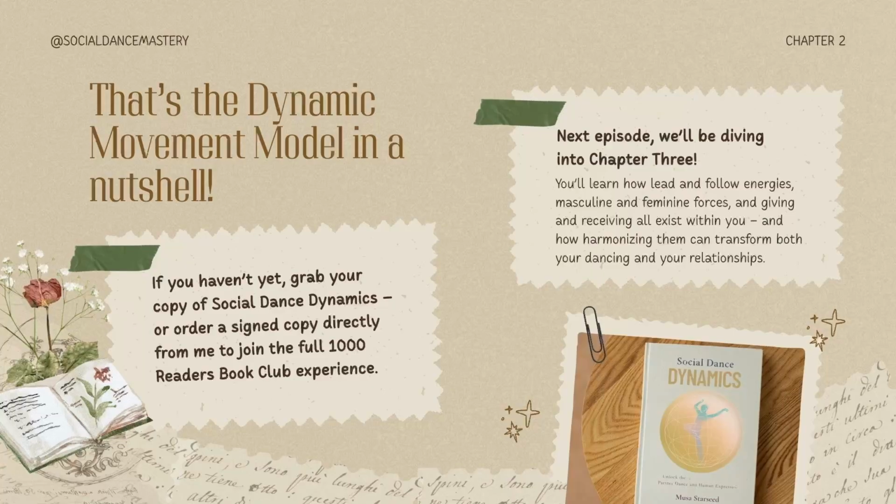In this book, you'll see how each of these concepts unfolds through real client stories, dancers who experience transformation through awareness of their movement energy. You'll also find reflection prompts and embodiment practices that will help you to integrate these ideas into your own journey. So that's the journey we are on in this book.